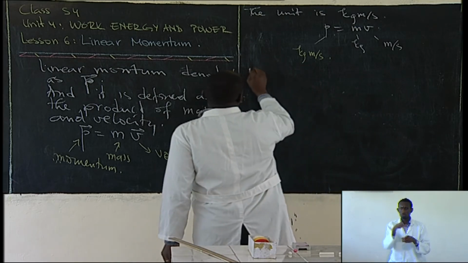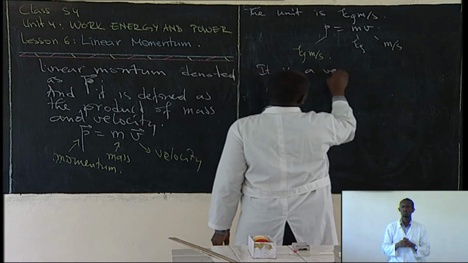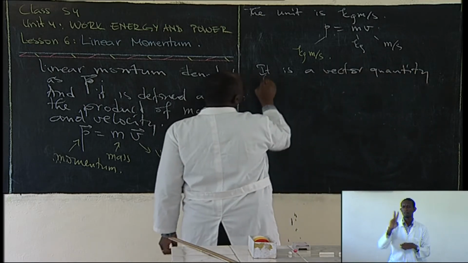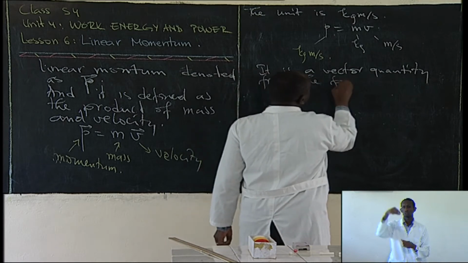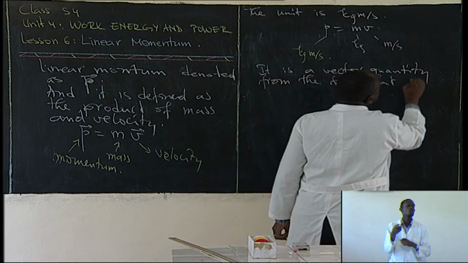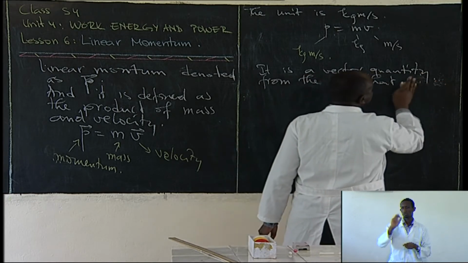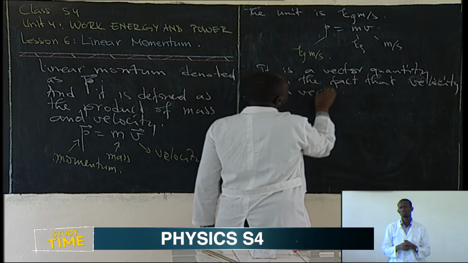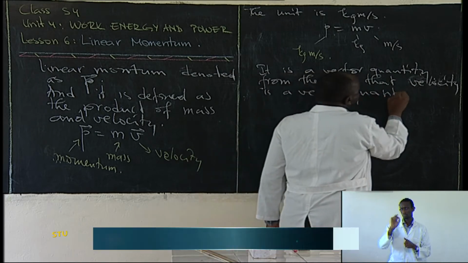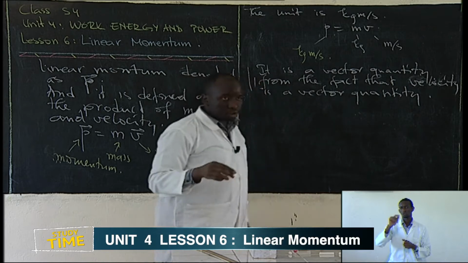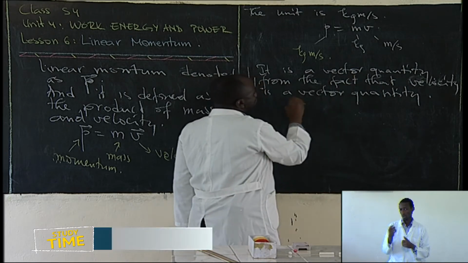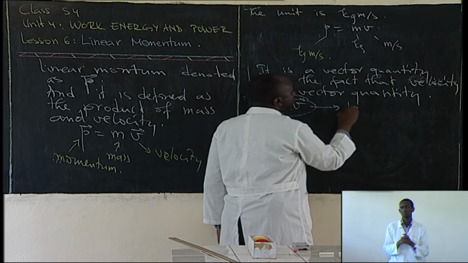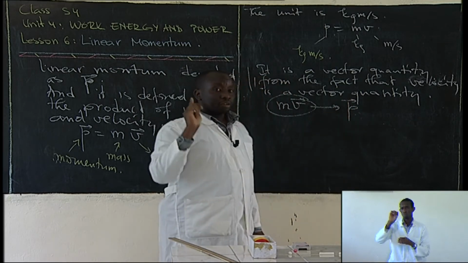So velocity is a vector quantity, and because momentum is the product of mass and velocity, momentum is also going to be a vector quantity.